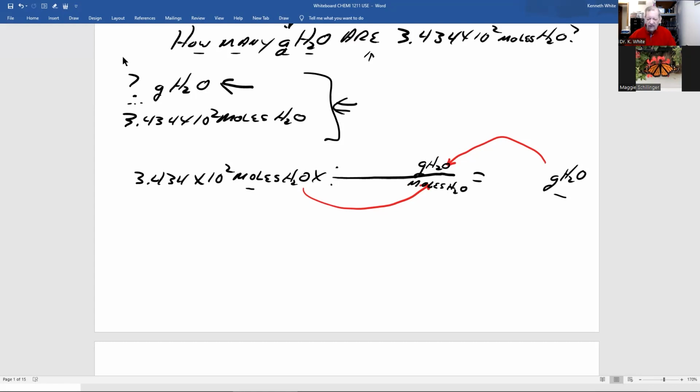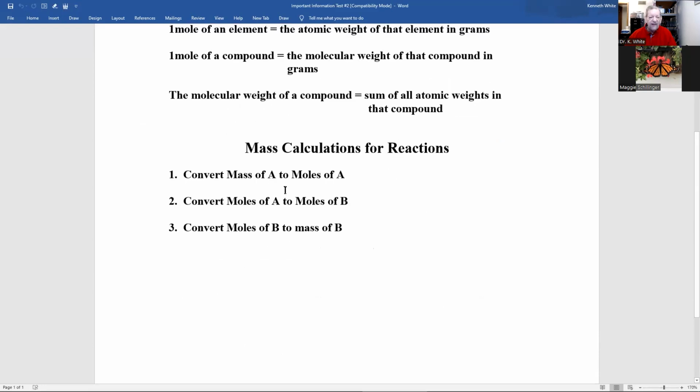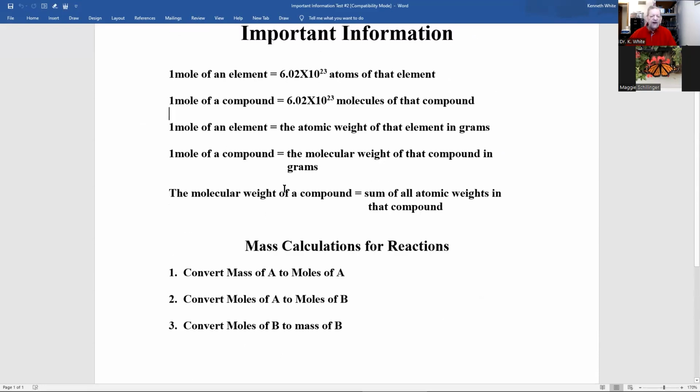And where do we get those numbers? Well, let's look at important information, test number 2. And where do we see on here a relationship between moles of a compound and grams, meaning the weight of a compound?